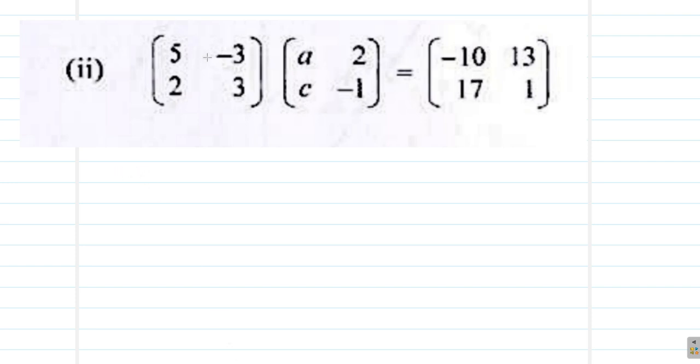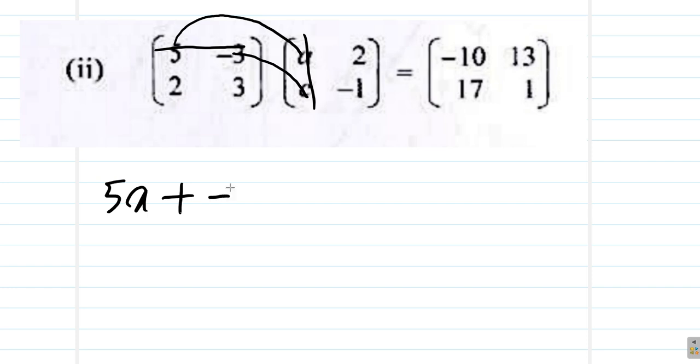So therefore, row 1 by column 1: first element in row 1 times first element in column 1 is 5a, plus second element in row 1 times second element in column 1 is negative 3 times c, is equal to the answer in row 1, column 1, which would be negative 10. Alright? So you have that.